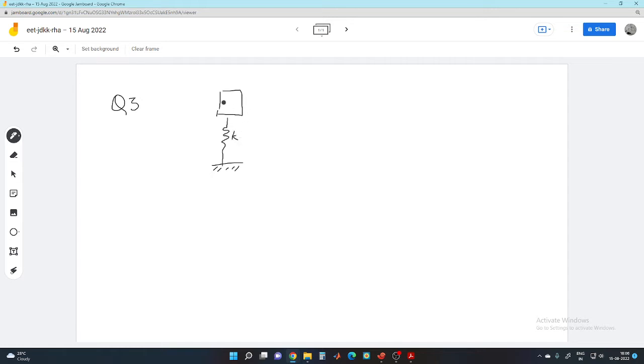So this is K, this is M. So it is a usual spring mass system, and this is the original system. But what we are expected to do in this particular problem is, we are given the same mass M, identical stiffness K, but a rod type of viscoelastic mounting or structural damper with the loss factor of eta.